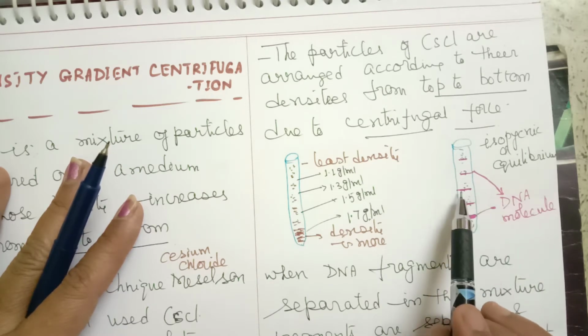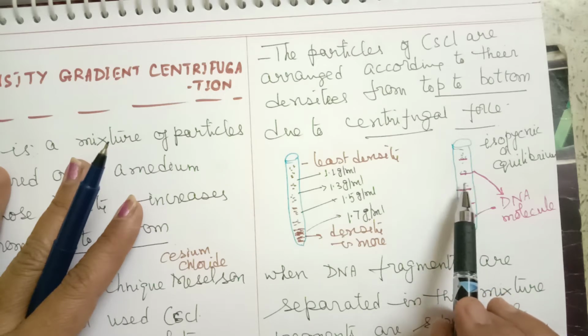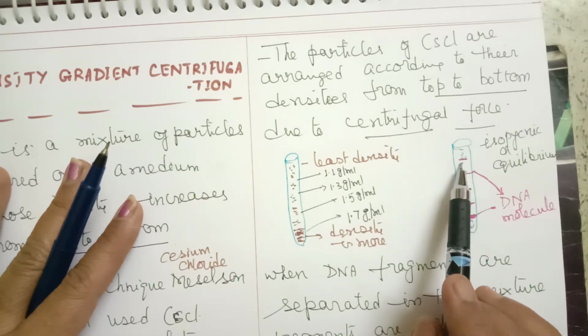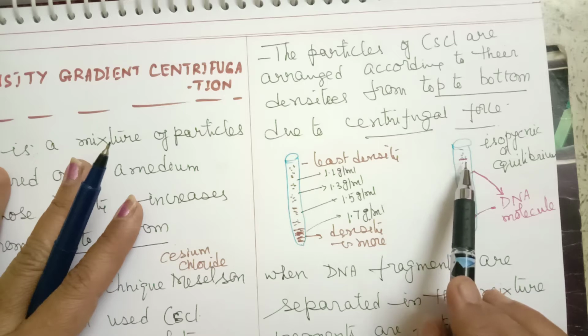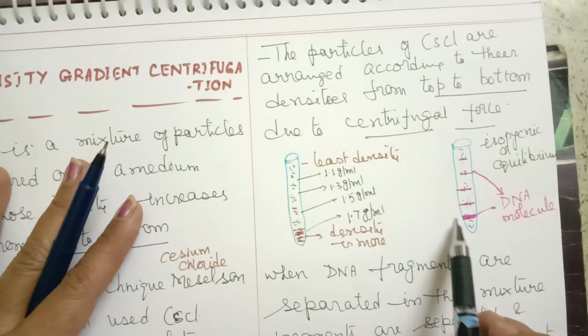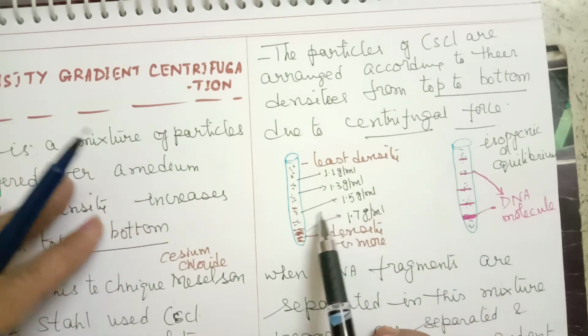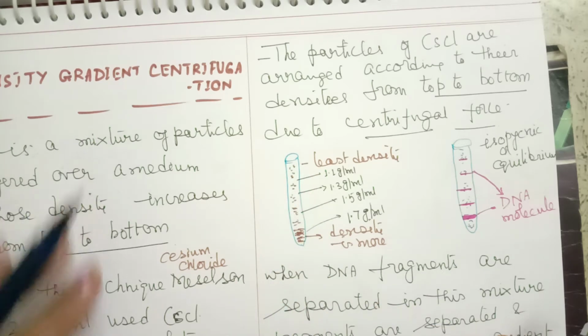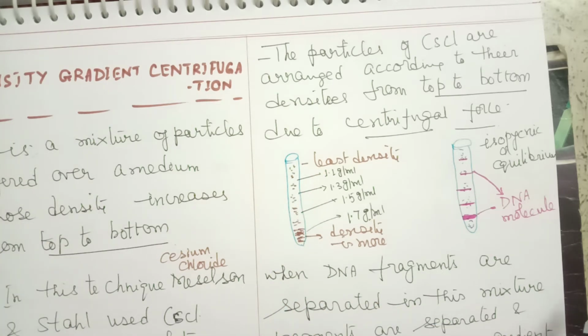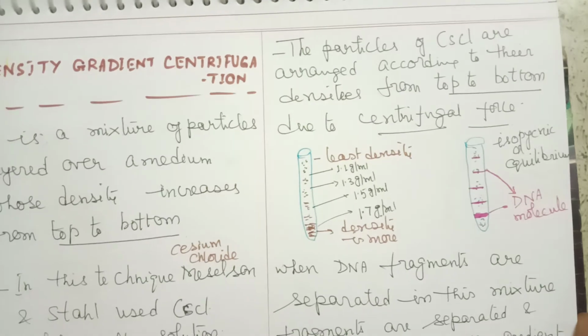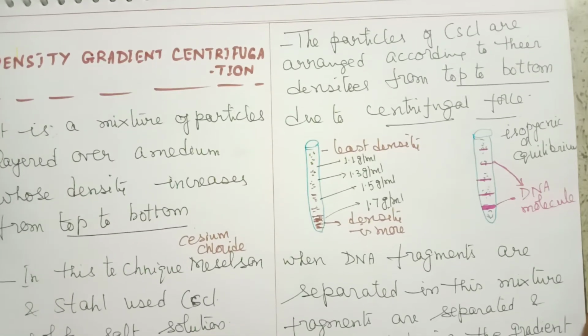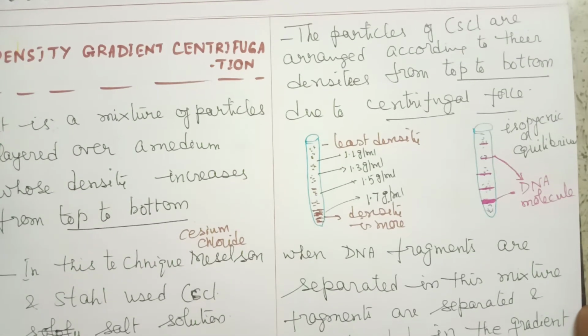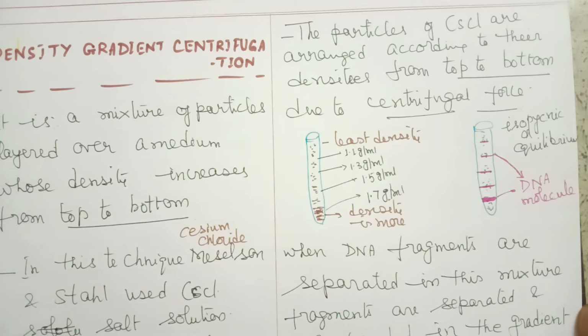If it has intermediate density, it settles in the middle, and if it has a very low density, it settles at the top. So it gets distributed depending upon the densities of cesium chloride. That's why it is called density gradient centrifugation. This technique was used to prove that DNA replication is semi-conservative.